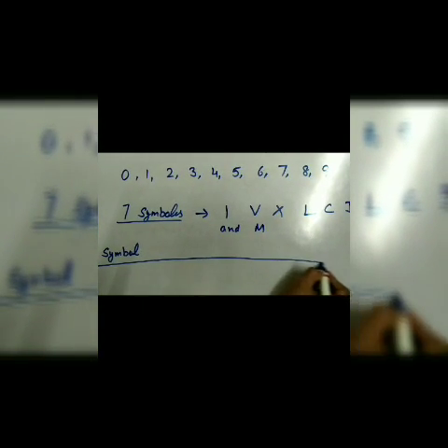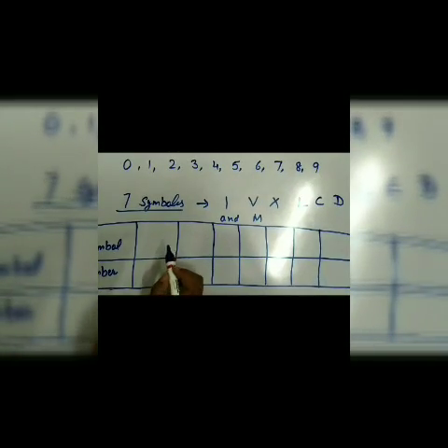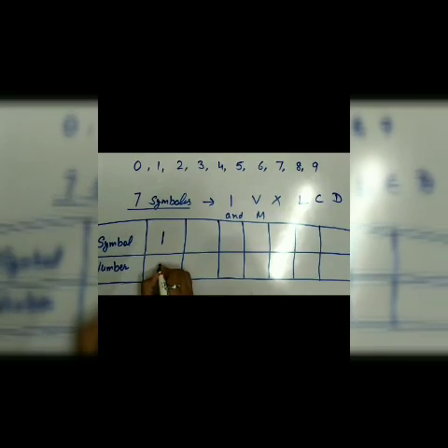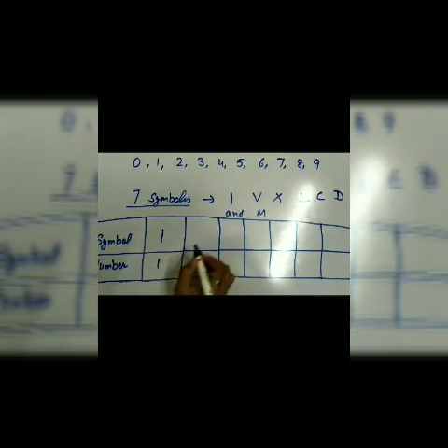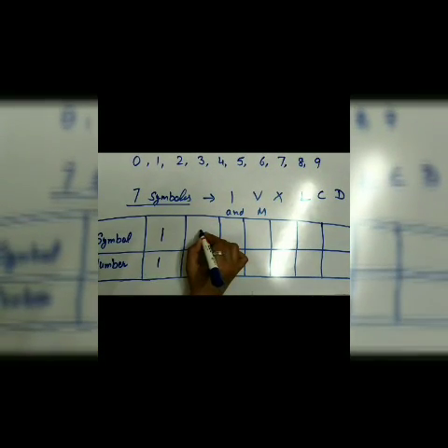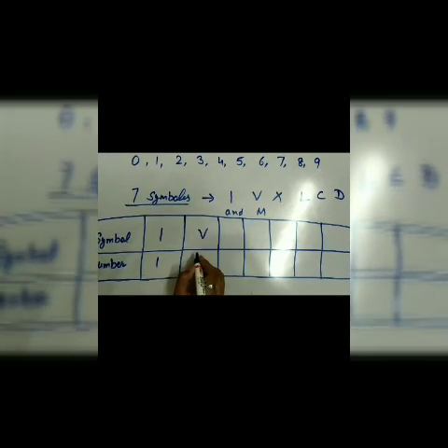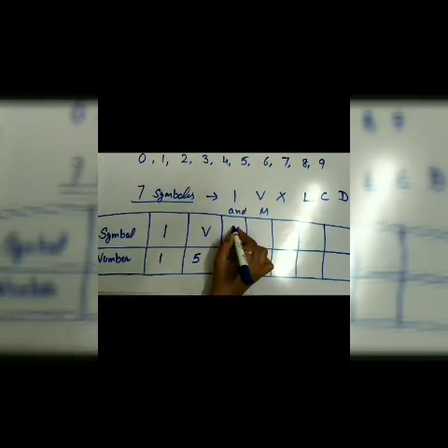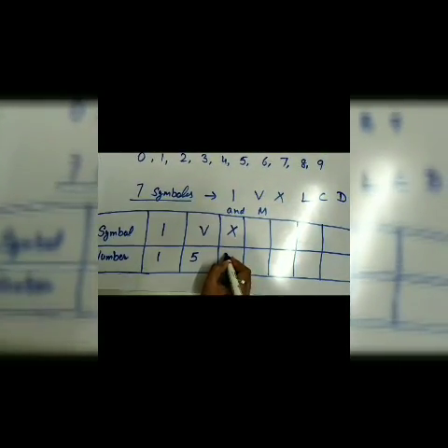Symbol and number. Now see the symbol I. The value of I is 1. Then the next symbol, V. The value of V is 5. And symbol X, its value is 10.